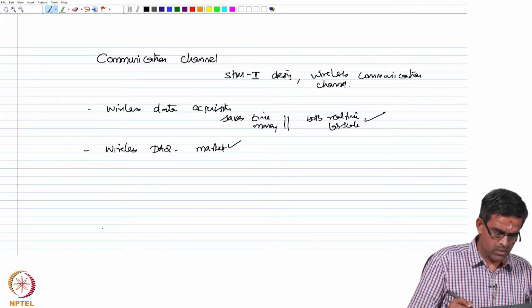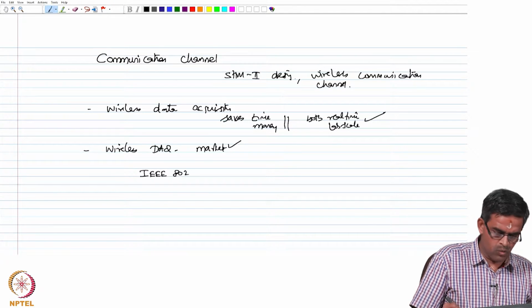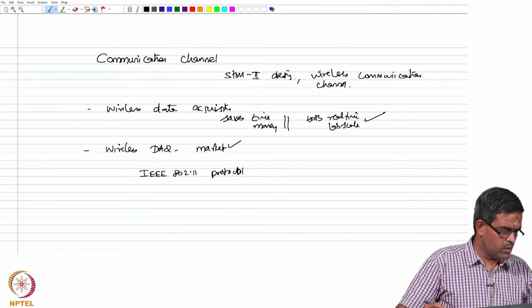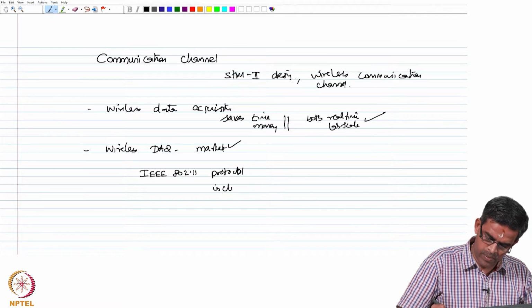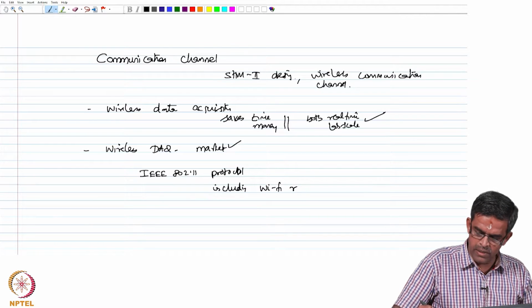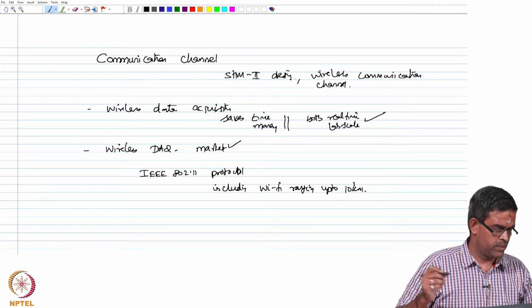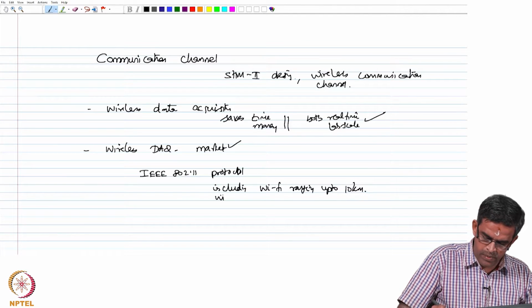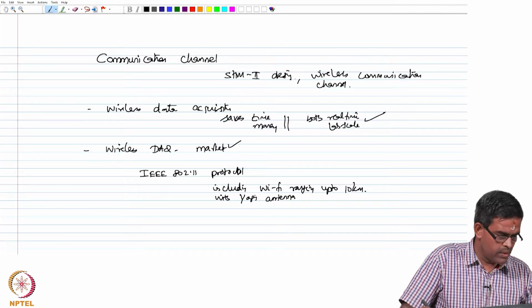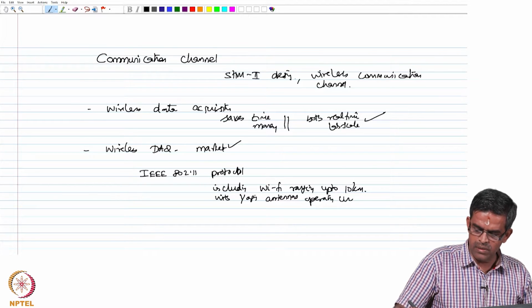Some of them are IEEE 802.11 protocol, including Wi-Fi ranging up to 10 kilometers with Yagi antennas operating under ideal condition.